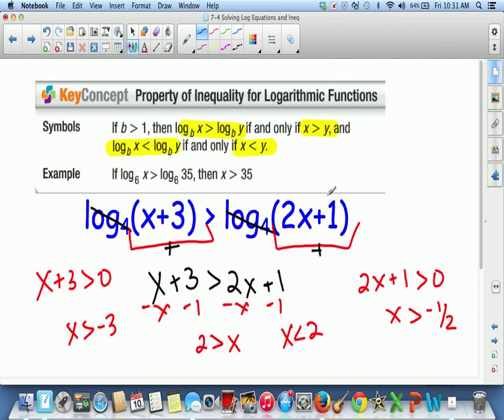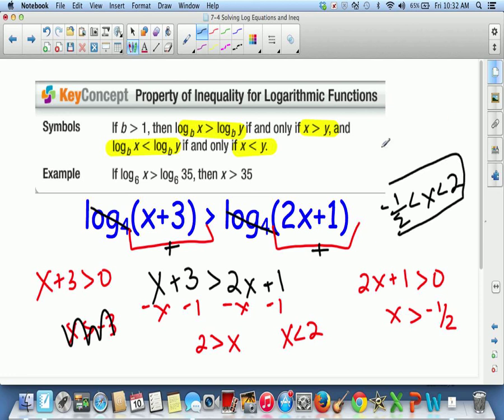This one will be positive, but will this one be positive? No, so we're not using this one. So let's choose something greater than a negative 1/2 but less than 2. Let's choose 0. Does 0 end up working? Yeah.